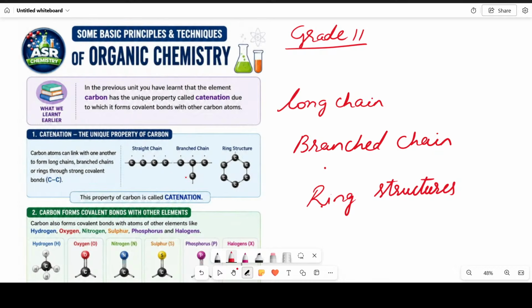So carbon has a self-linking property. It can form long chains, straight chains, branched chains, and ring structures. You can see them here.